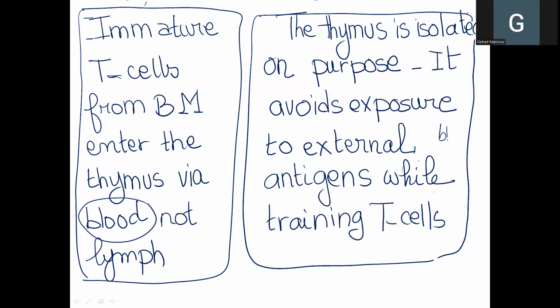It is connected only via blood, but not via lymph. So the thymus is isolated on purpose. It is meant for the T lymphocytes to stay in a rather closed environment, like in a bubble, to avoid exposure to external antigens until they are trained.